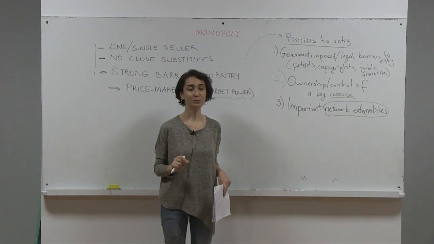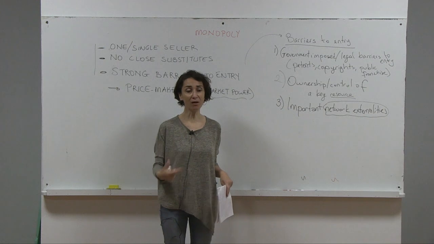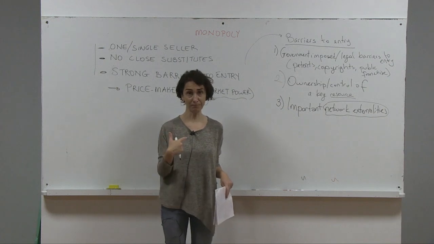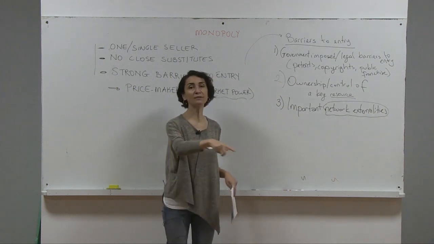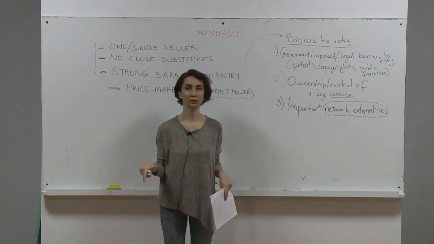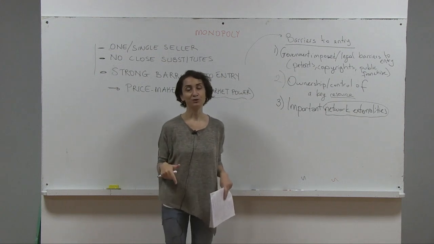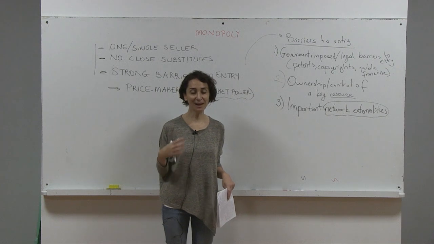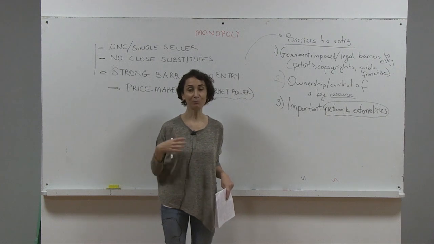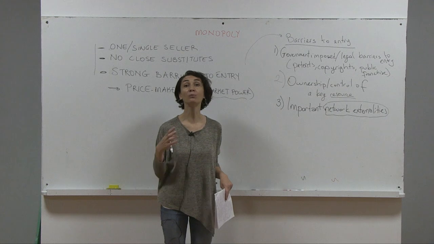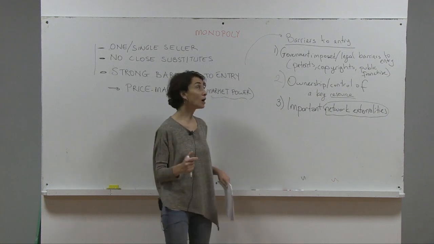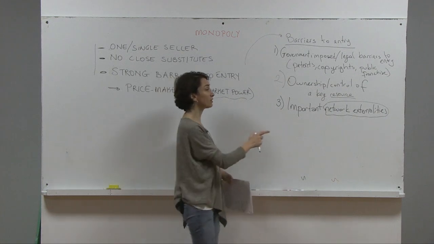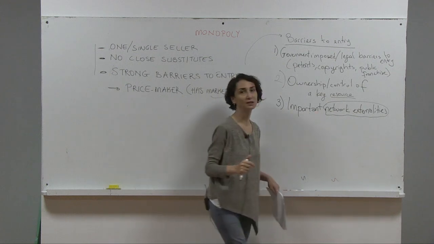Let me repeat. A product becomes more useful to me because more people use it. In today's world, especially with modern communication technologies, there are many sectors where there are huge network externalities.